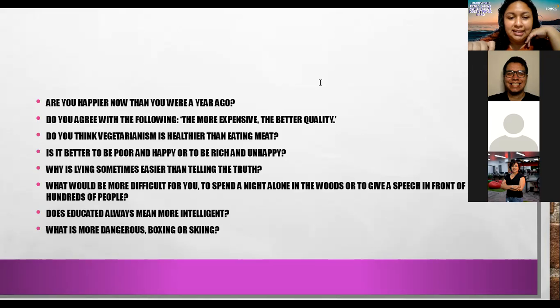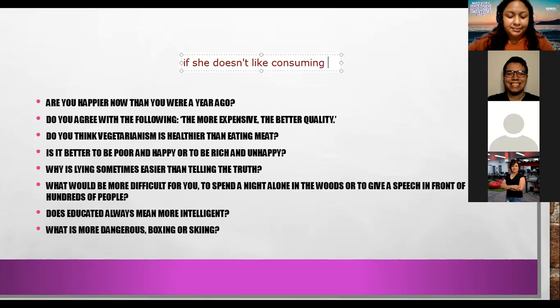I mean, the meat, let's call it protein, contributes protein and other things that we need in our body. So if she doesn't consume those proteins, she probably will have other things that make her sick.